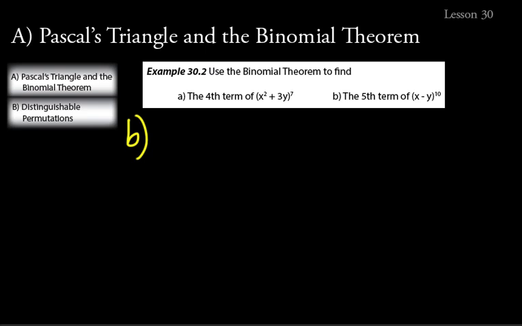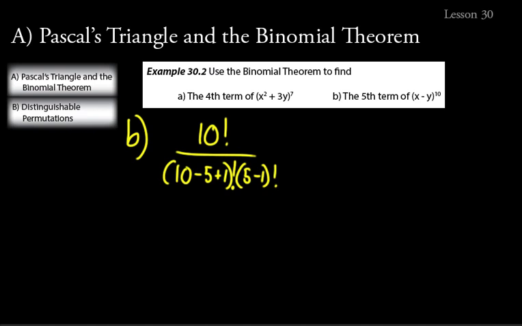So applying the binomial theorem again, n is 10, so that's 10 factorial over (10 minus 5 plus 1) factorial, and then (5 minus 1) factorial, k minus 1 factorial.